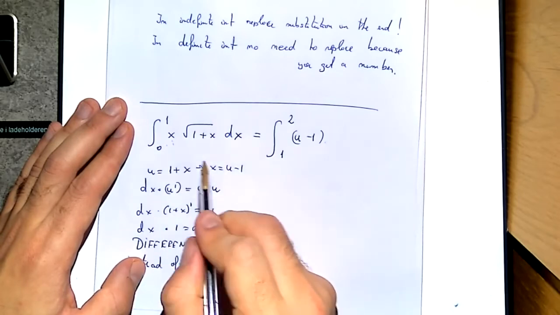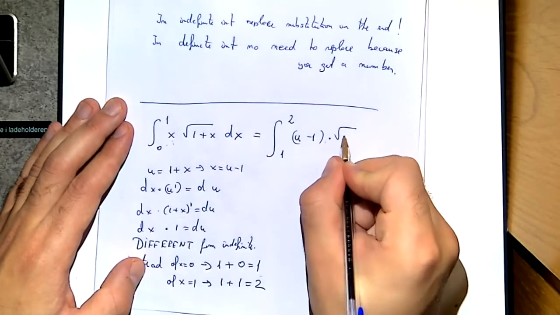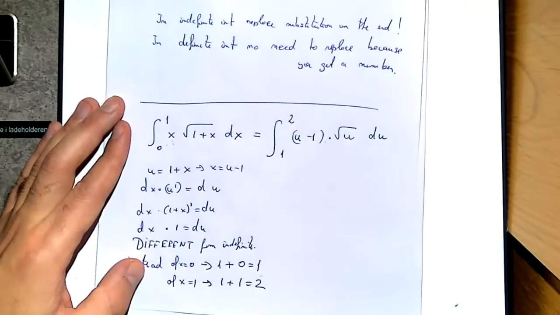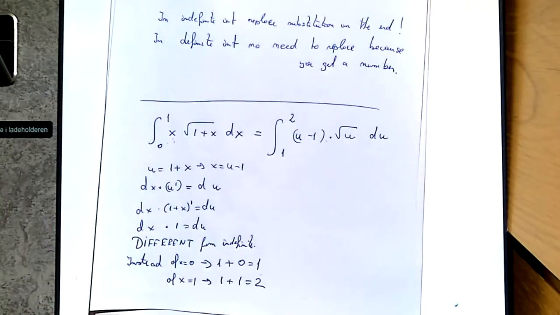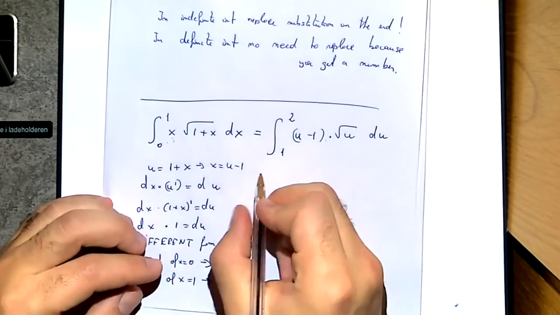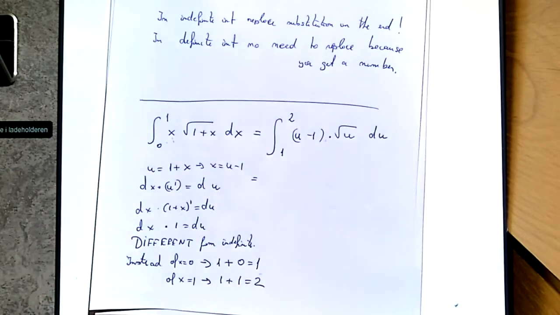So x squared is u minus 1 squared, multiplied by the square root of u du. Same exact thing, but my limits of integration changed. Now we're going to solve it the exact same way, just that I'm not going to replace it. I'm just going to plug in 1 and 2 and be done with this problem.